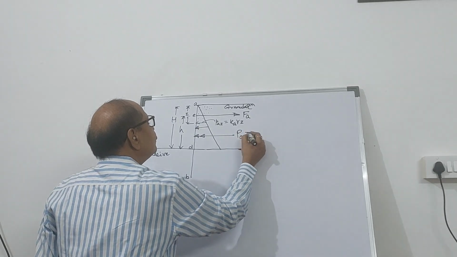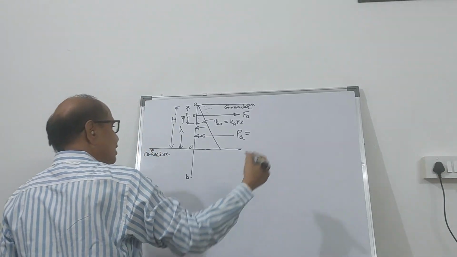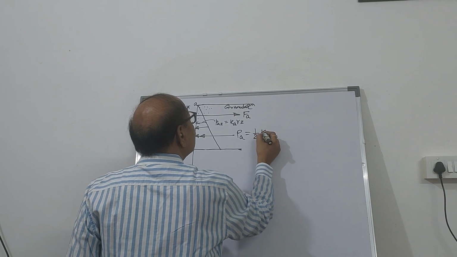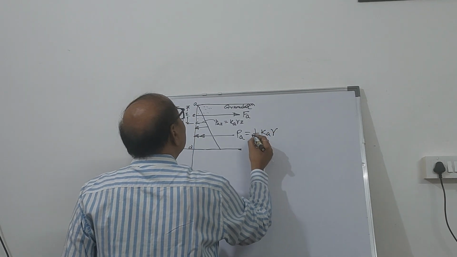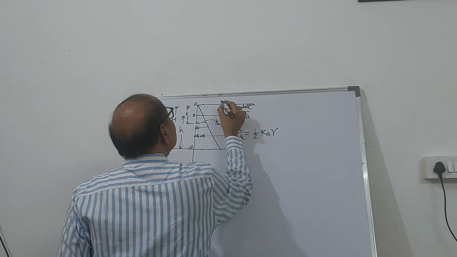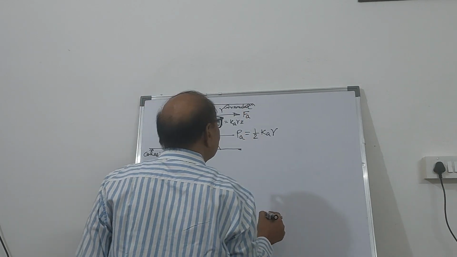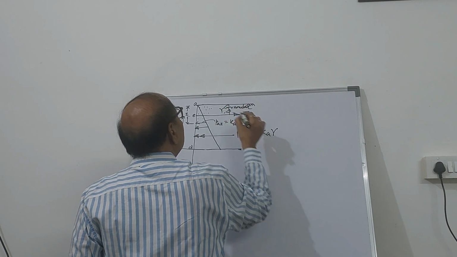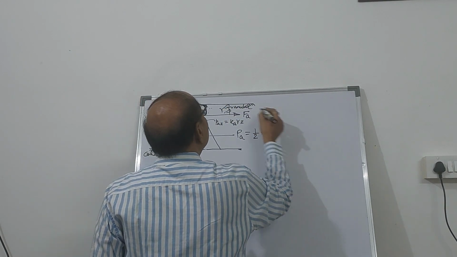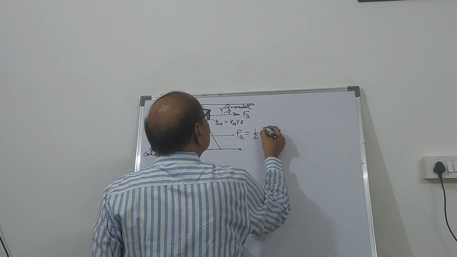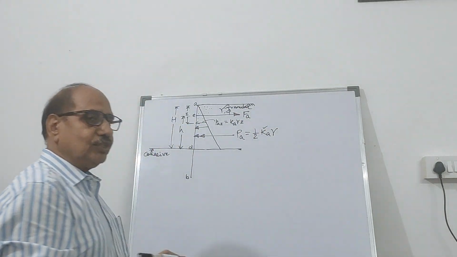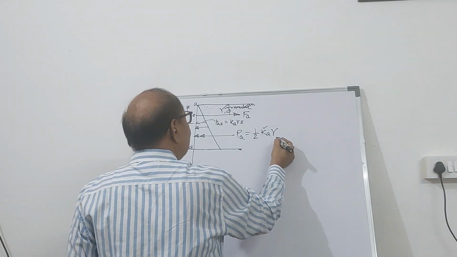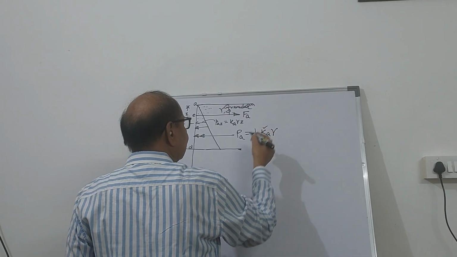So the active thrust on the sheet pile will be given by half K gamma, where gamma is the unit weight of this granular backfill and phi is the angle of friction. For the given value of phi, you can find out the value of K, which is going to be 1 minus sine phi upon 1 plus sine phi. Gamma is the granular backfill property.